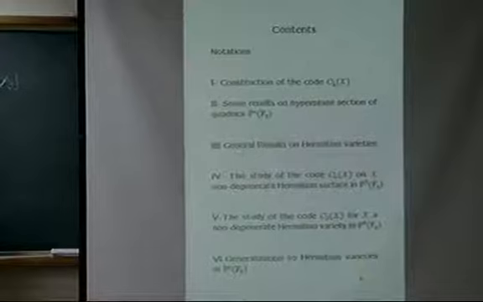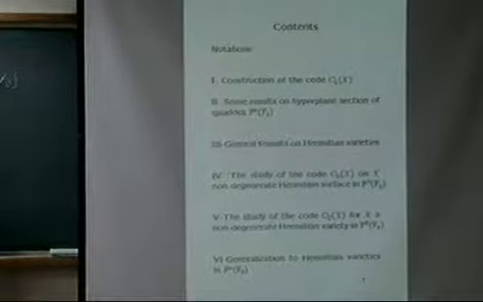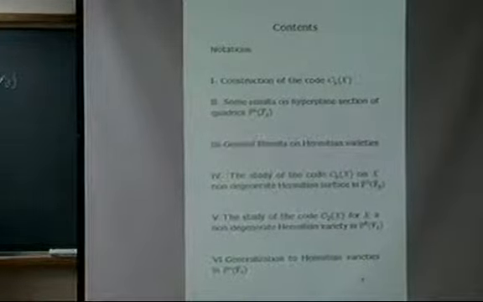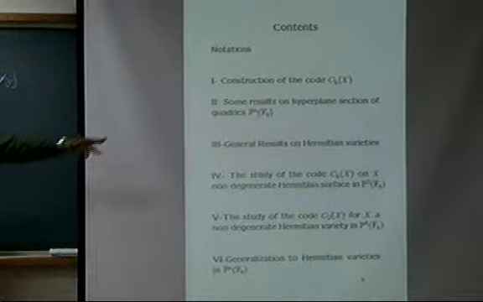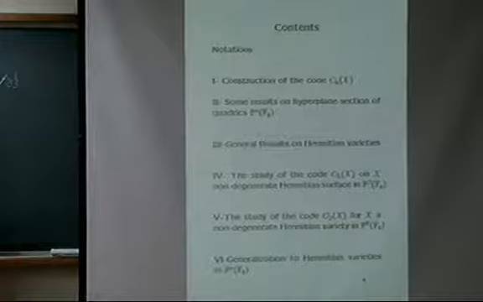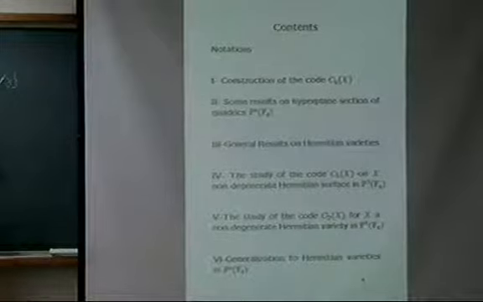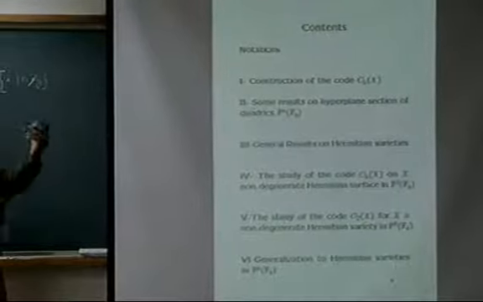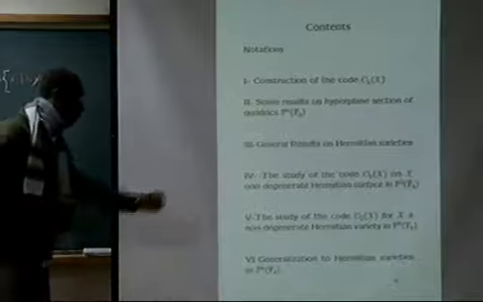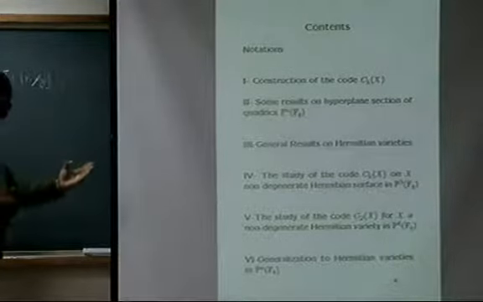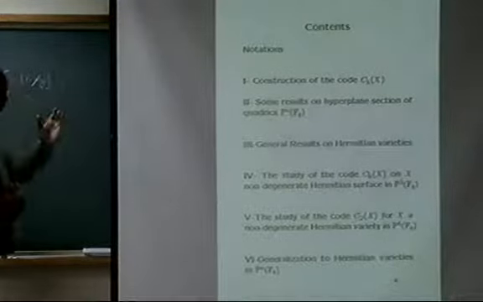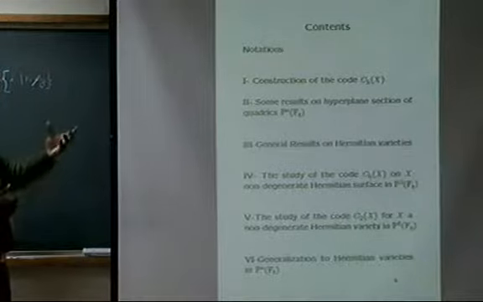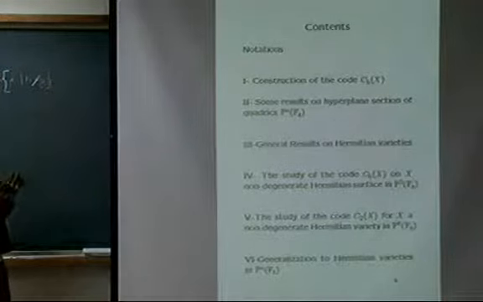Third, I will recall some general results on Hermitian varieties. And fourth, I will study the code C_2, where H is 2, on the Hermitian surface. The Hermitian surface is a variety which has a large number of points. And I will also study the code on the Hermitian solid. The solid is a hypersurface in the projective space of 4 dimensions.